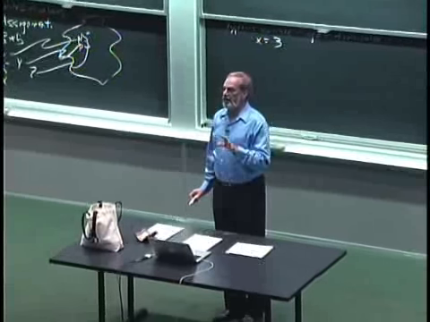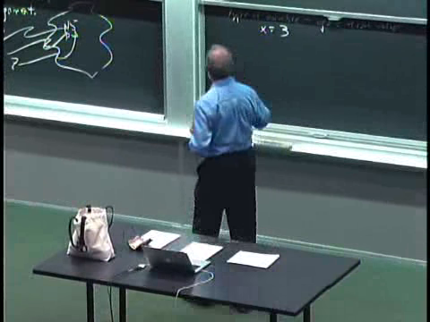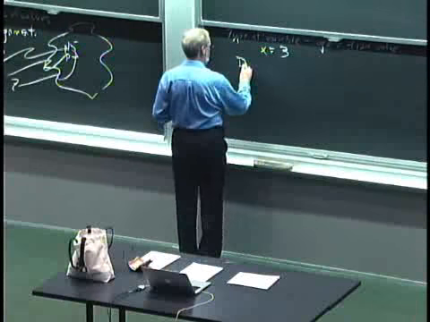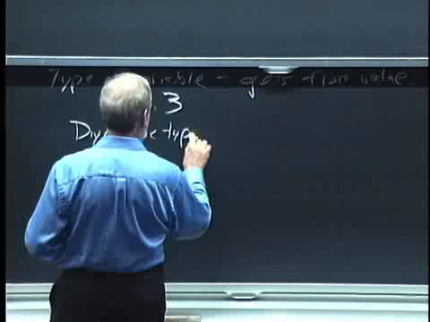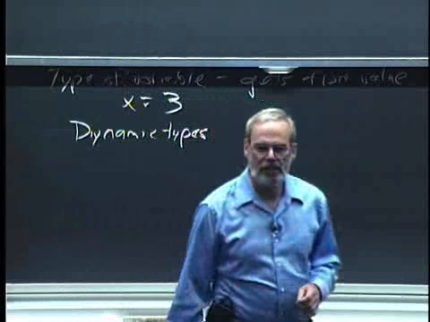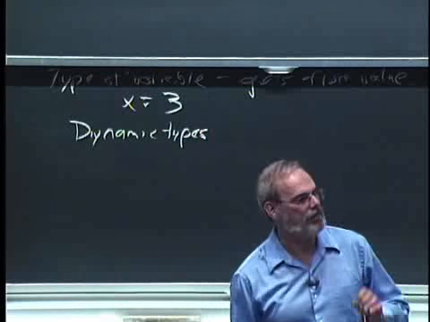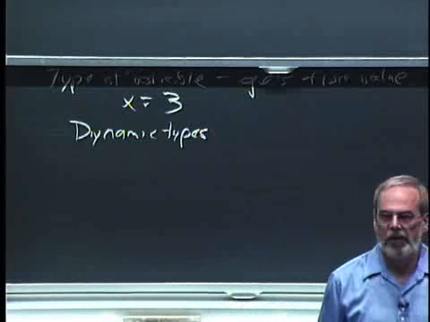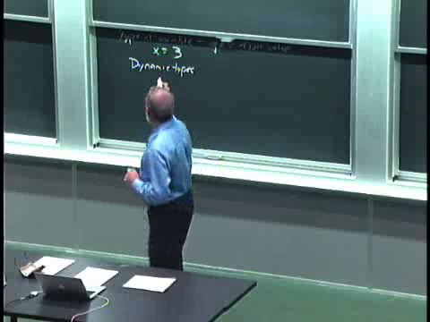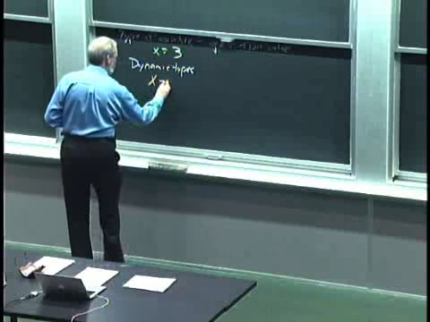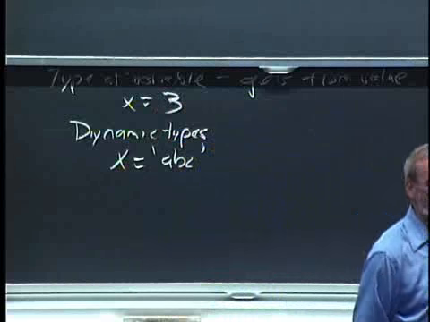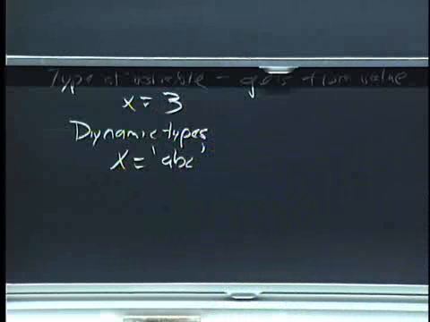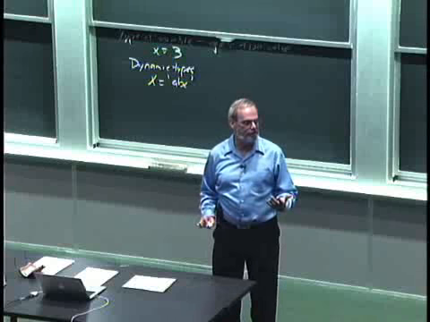Unfortunately, at least in my mind, in Python these variable bindings are dynamic, or the type, rather, is dynamic, meaning it changes depending on what the current value is. Or said a different way, if somewhere later on in the program I do this, x now has changed its type from int to string.